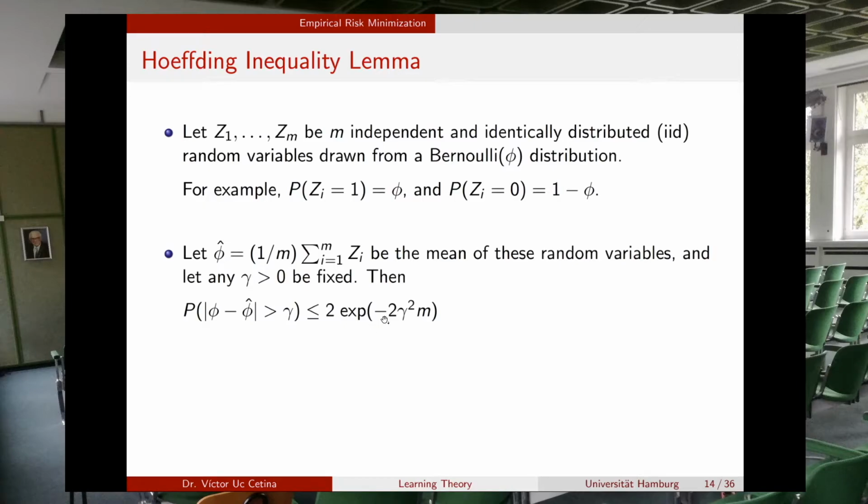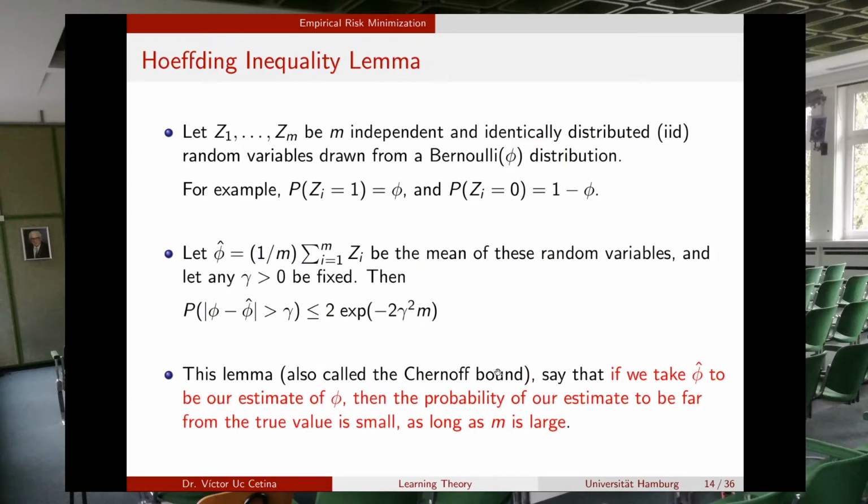In this expression, you will see later that m refers to the number of training examples that we have, and that this makes reference to the generalization error and the error in the training set.